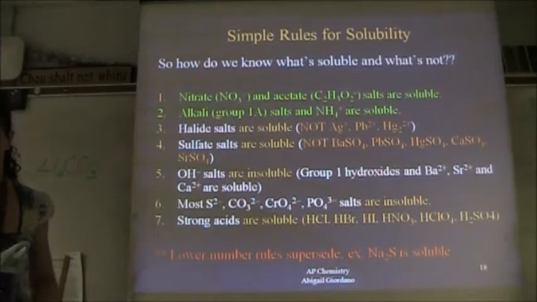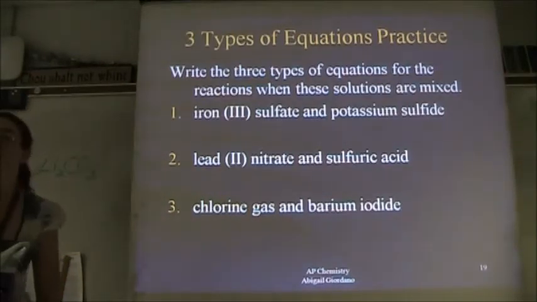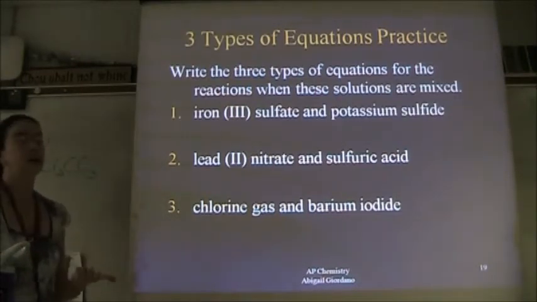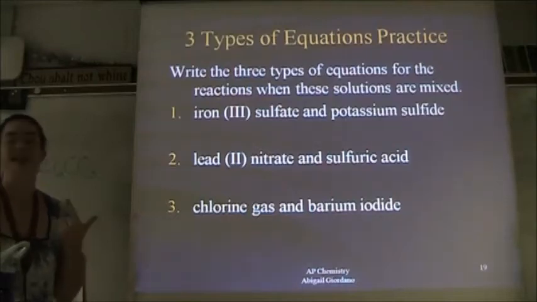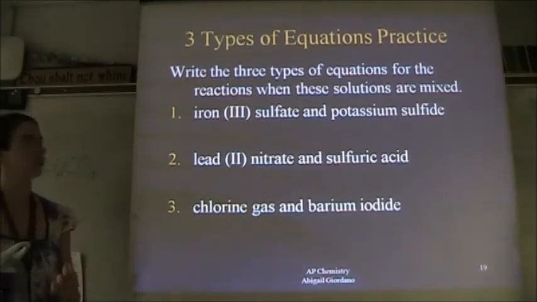So what are we going to do with this? Well, on your next test, what I am going to give you are questions that look just like this. I will give you reactants in words. I'm going to, number one, expect you to predict products. And number two, I'm going to expect you to get down to the net ionic equation.